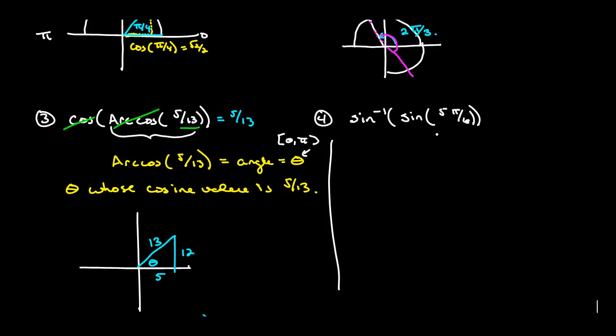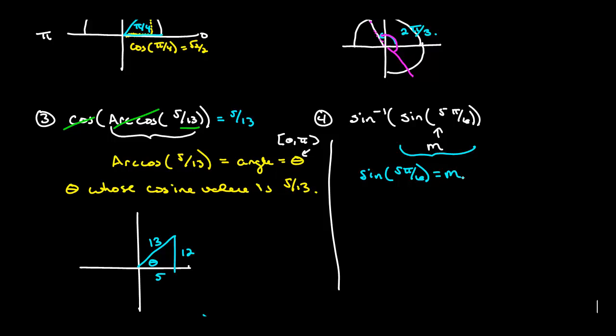Let's call this something else, I don't know, M. Who cares? It's a variable, right? So we know this inside piece right here. Let's read it: the sine of 5 pi over 6.